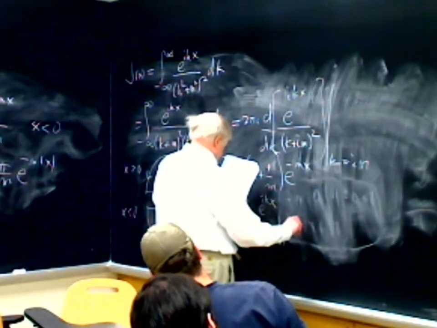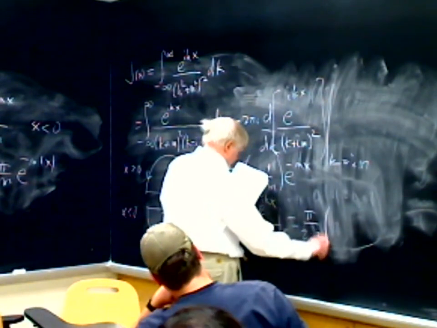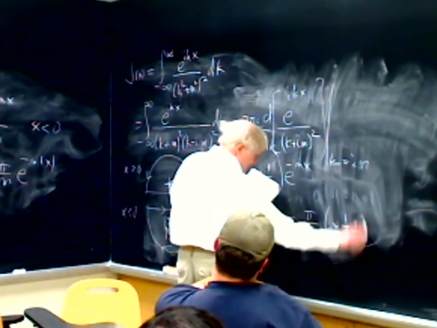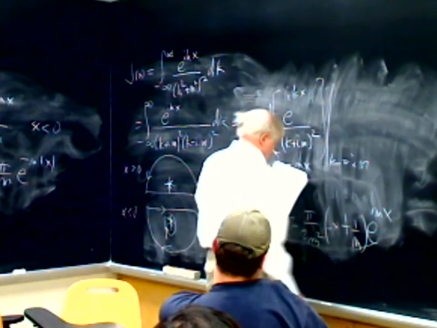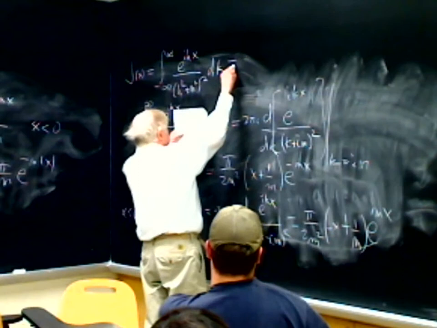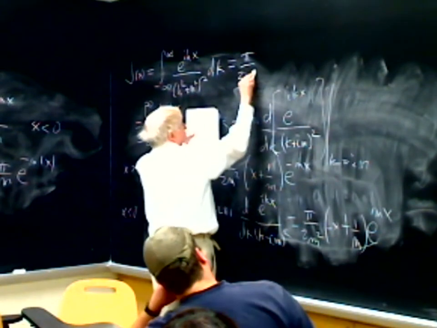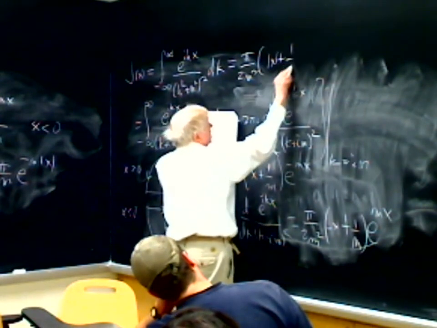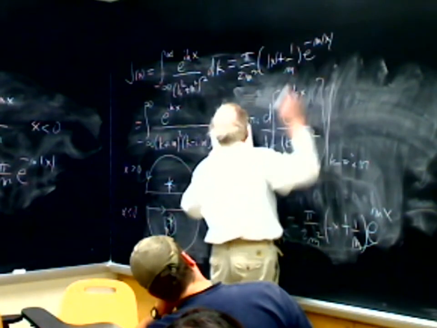And that turns out to be pi over 2m squared, minus x plus 1 over m, e to the mx. This is for x less than 0. So altogether this is equal to pi over 2m squared, absolute value of x plus 1 over m, e to the minus m absolute value of x.